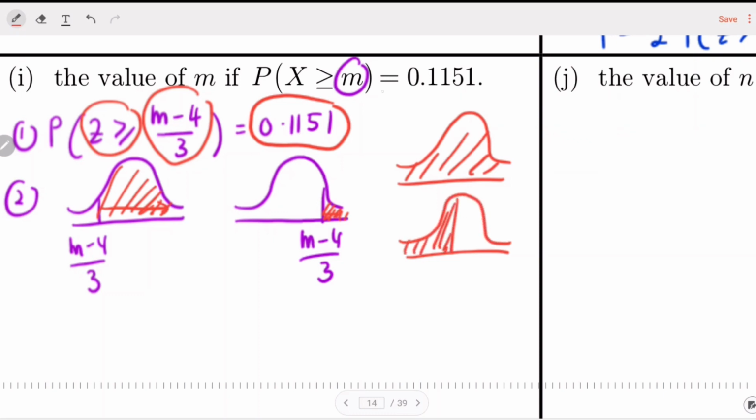But since we have 0.1151, the shaded region is very small. So the left side is incorrect because it has a very large shaded region that does not tally with the probability given. The correct bell shape is the right one.